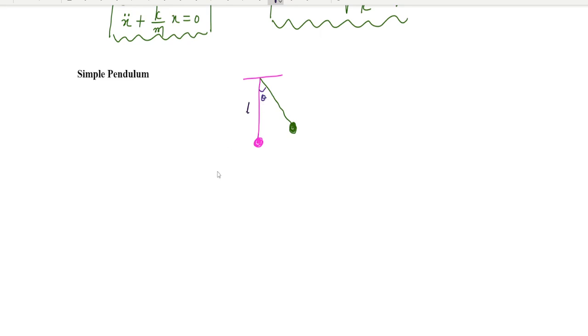So let theta be the angle or displacement of the simple pendulum from the equilibrium position. L is the effective length of the pendulum, and small m is the mass of the bob. This is the bob.